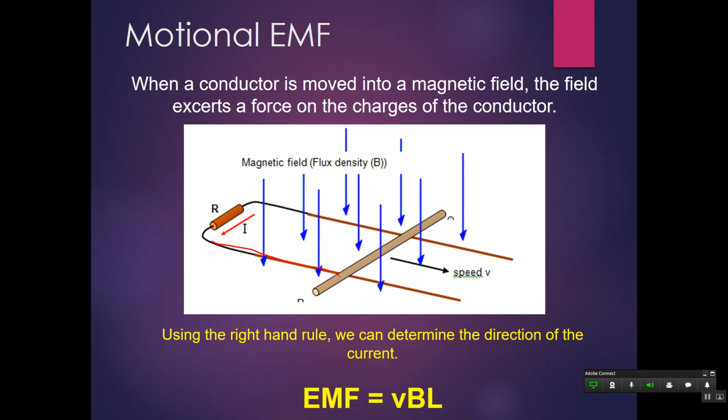I want you to imagine this bar here is a sliding bar that can move up and down this part of the conductor. Everything's made of conducting material. So when I have this close here, what can you tell me about my area? Small. And then as I move this, my area is getting bigger.